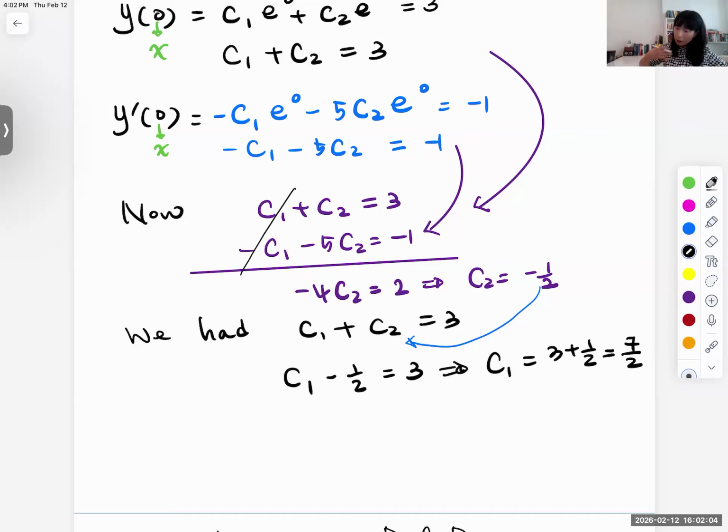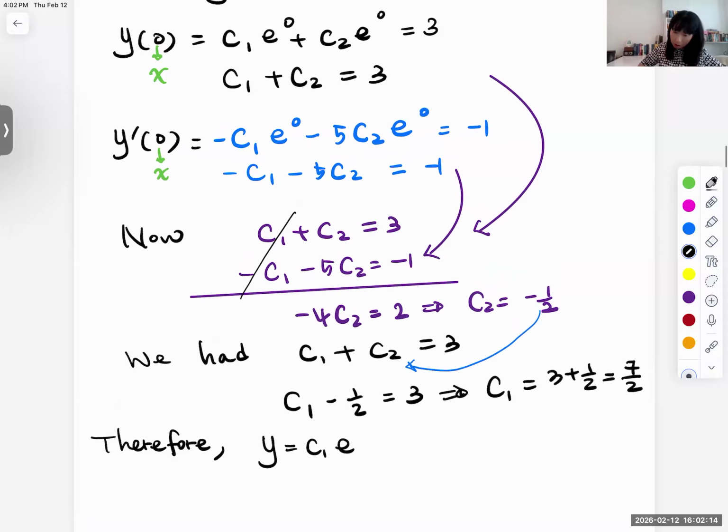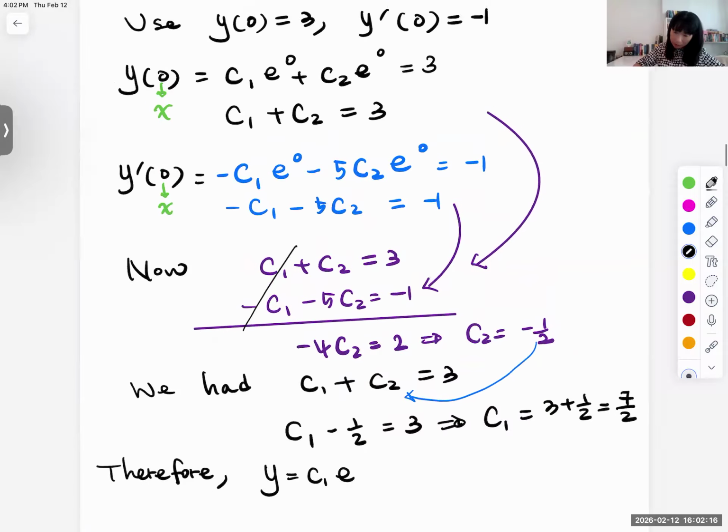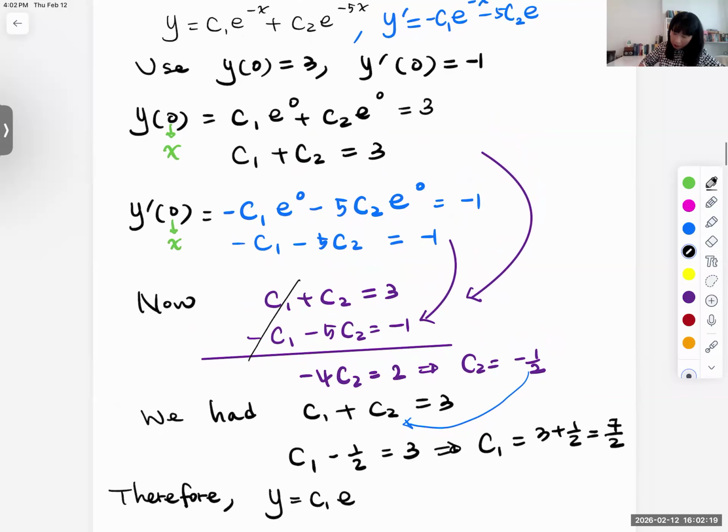Okay, so we can conclude the particular solution: y equal to c sub 1 e to the negative x plus c sub 2 e to the negative 5x.